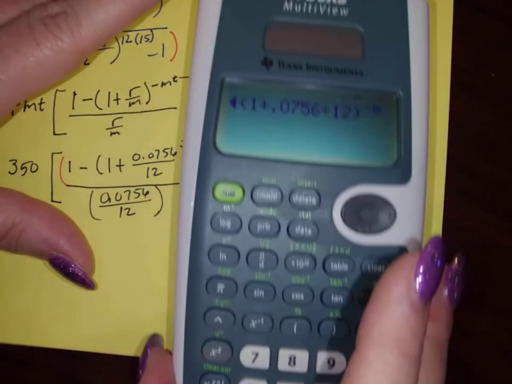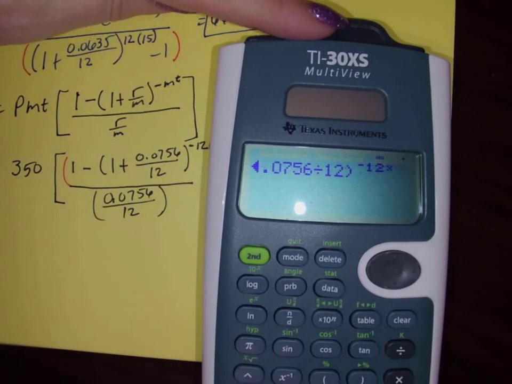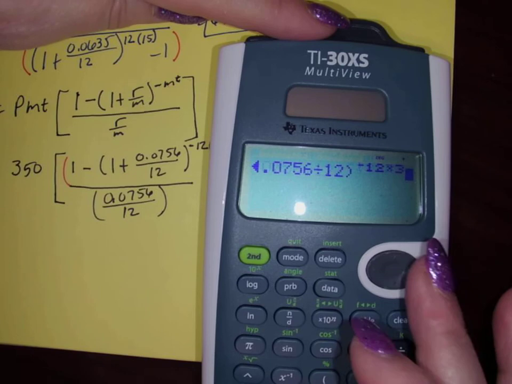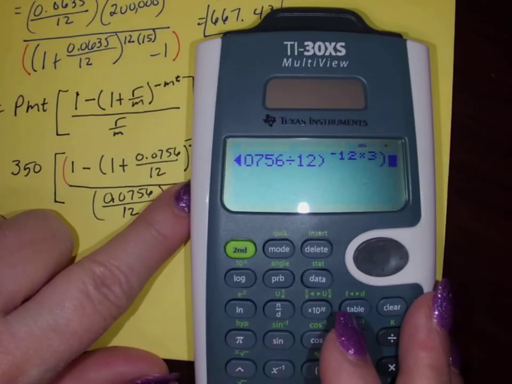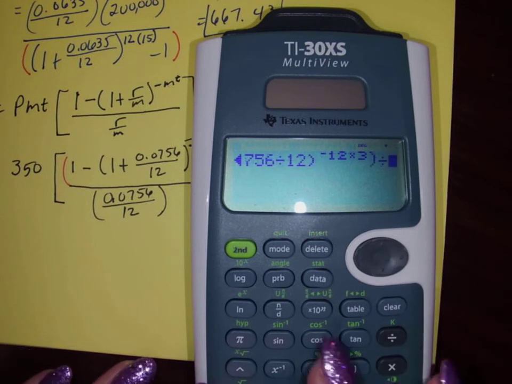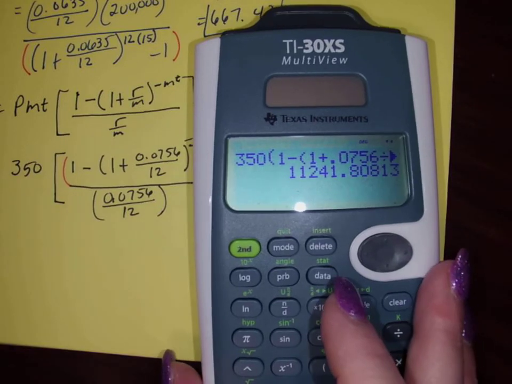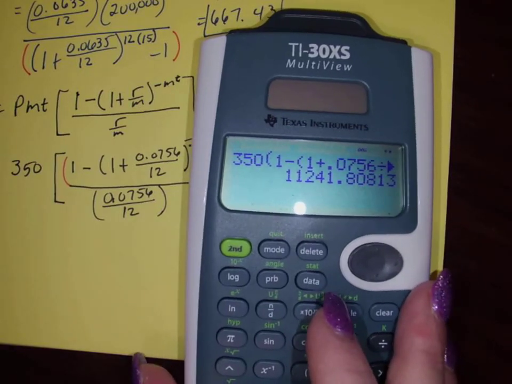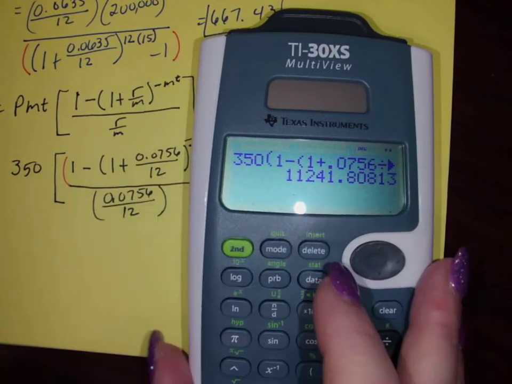So negative, you can't use the minus sign, 12 times 3, bring it back down, and then do your next parenthesis, that is the red one right here. And then divide by parenthesis 0.0756 divide by 12. Close that parenthesis. And we will get $11,241.81. That 8 after the 0 will cause it to raise up.